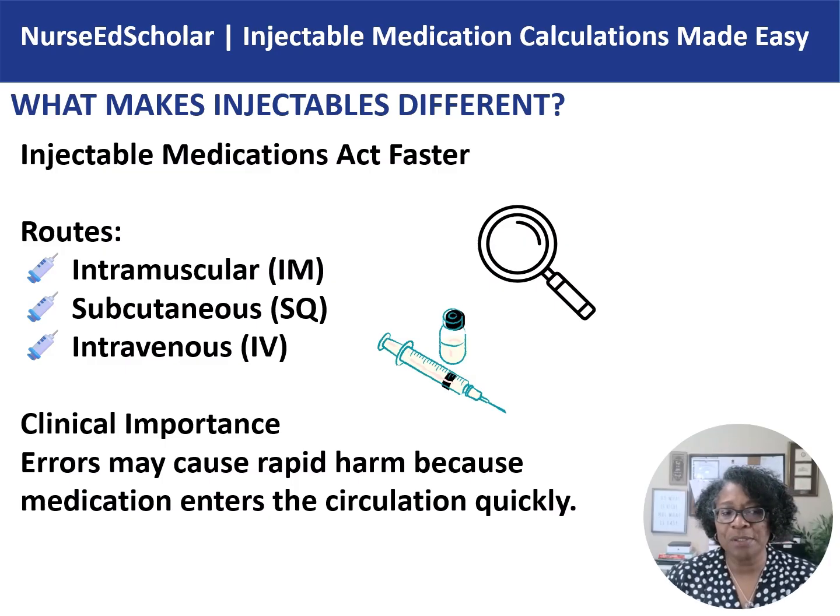The route really matters because it affects how fast the medicine works, where the medicine is absorbed in the body, what needle or syringe you would use to administer this medication, and what safety checks are required. Do you want to administer all of the medicine? I'm saying, do you need to call the provider to change the dose of the medicine?